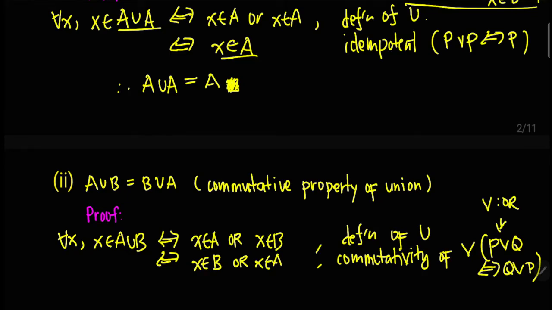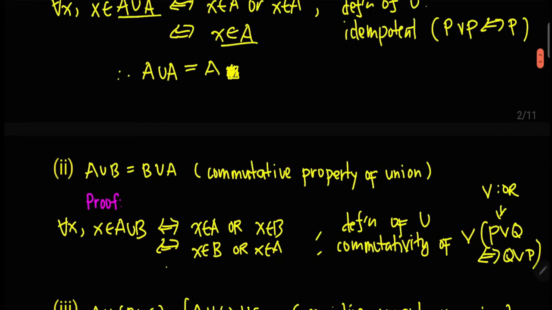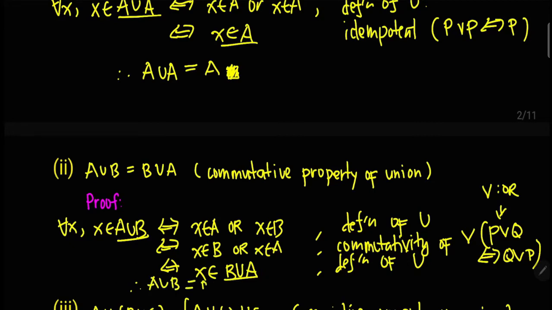Now, applying the definition of union one more time, we can see that this is the same as X being in the union B union A. That's the definition of union. So we started with X being an element of A union B and we end up with X being an element of B union A. So we can therefore conclude that A union B is equal to B union A. And we are done.